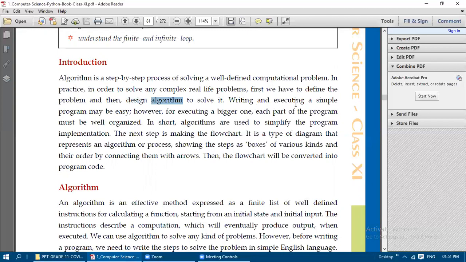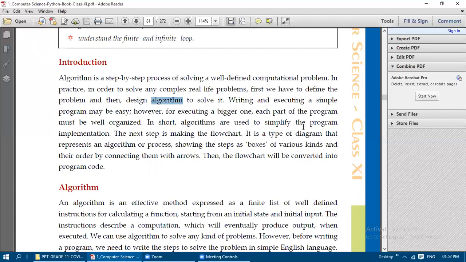Writing and executing a simple program may be easy. When you are writing a small program with 5 or 10 lines, it will be easy. However, for executing a bigger one, each part of the program must be well organized, well arranged or ordered. In short, algorithms are used to simplify program implementation.